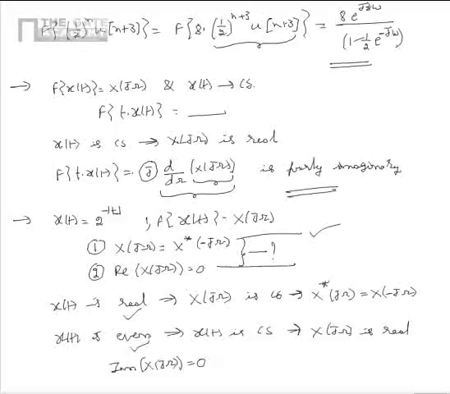From this we see that statement 2 is not correct. So if the given signal x(t) is real and even, then the Fourier transform is conjugate symmetric and also purely real. So using these properties, statement 1 is correct, but statement 2 is not correct.